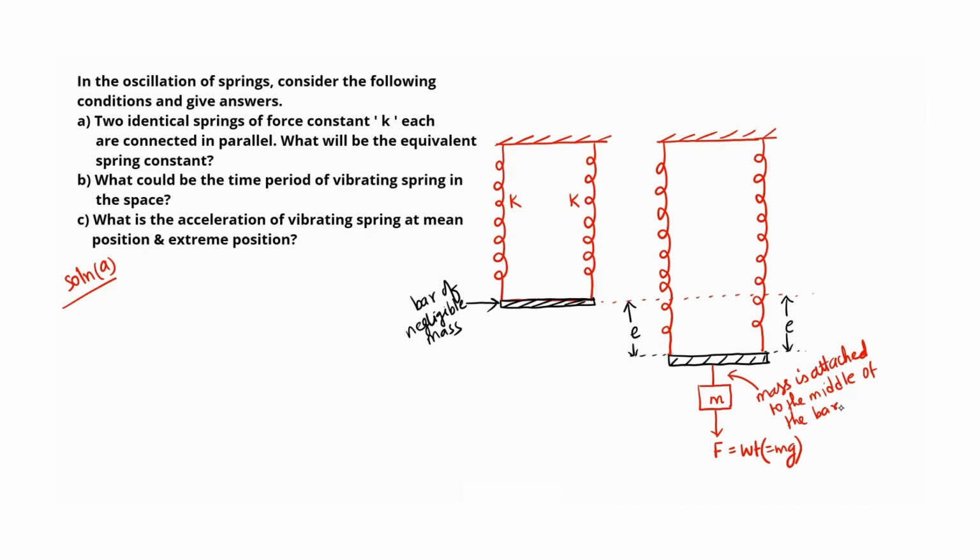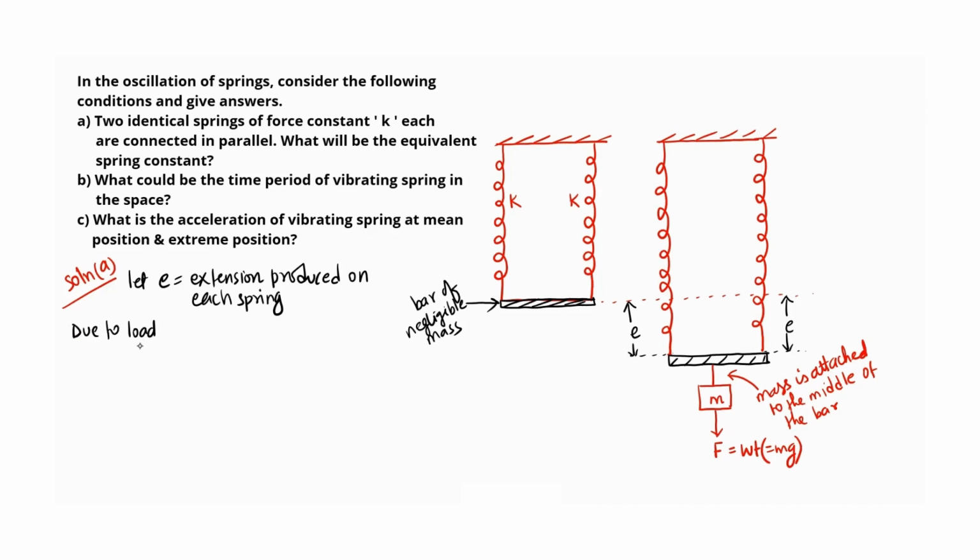Now what we find in this case is, so I'm writing over here, this is the extension produced on each spring. Clear?